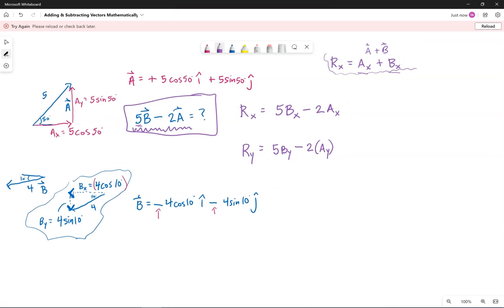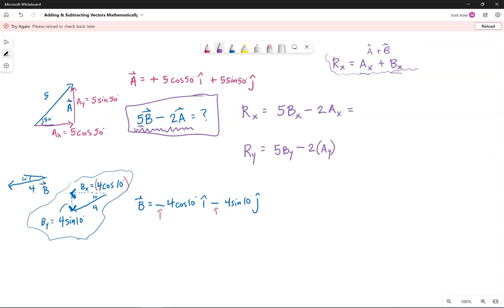So let's go ahead and do this. 5 times the x component of vector B, which is negative 4 cosine 10. Negative because it points to the left. In the mathematics of solving the problem, we need the sign in there. So minus 4 cosine 10 is the x component of B. And then minus 2 times the x component of A, so 5 cosine 50.